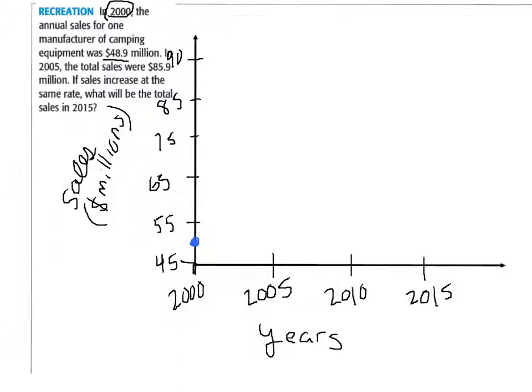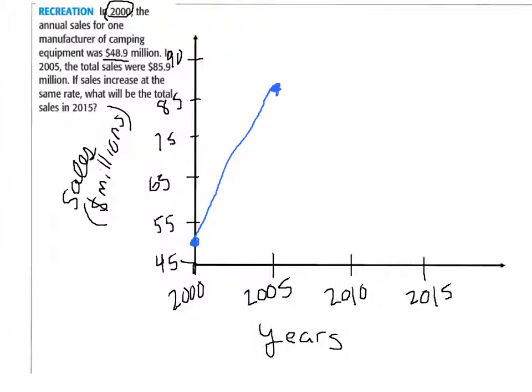So that would represent 48.9 million in 2000. In 2005, we were at 85.9 million, so just above 85. Okay. So if I draw a straight line from my first dot to my second dot, that shows the change in sales from 2000 to 2005.